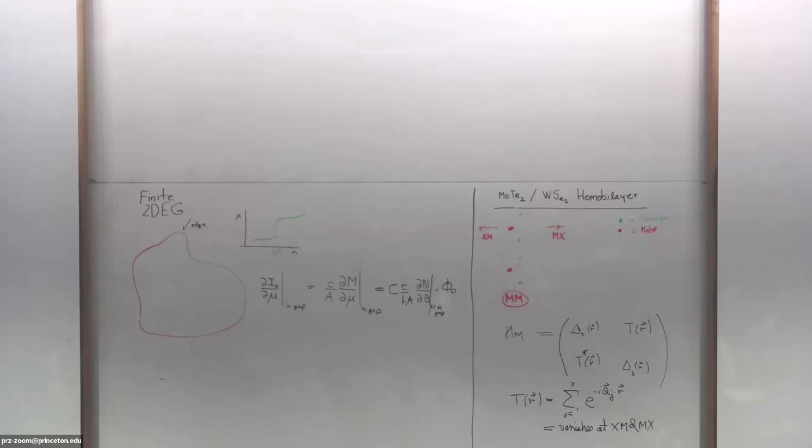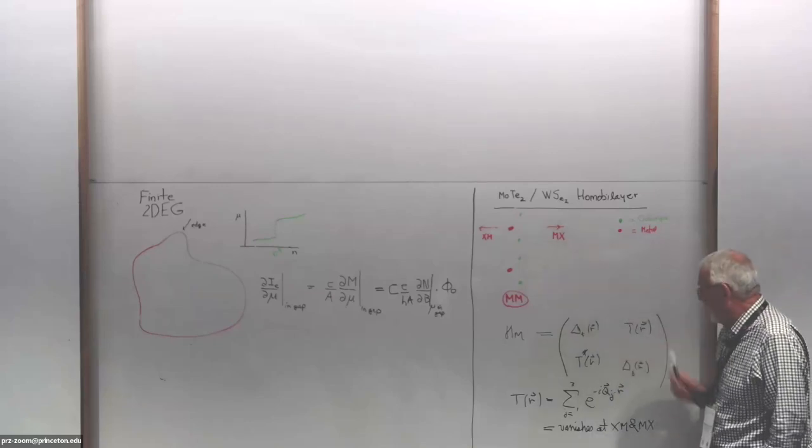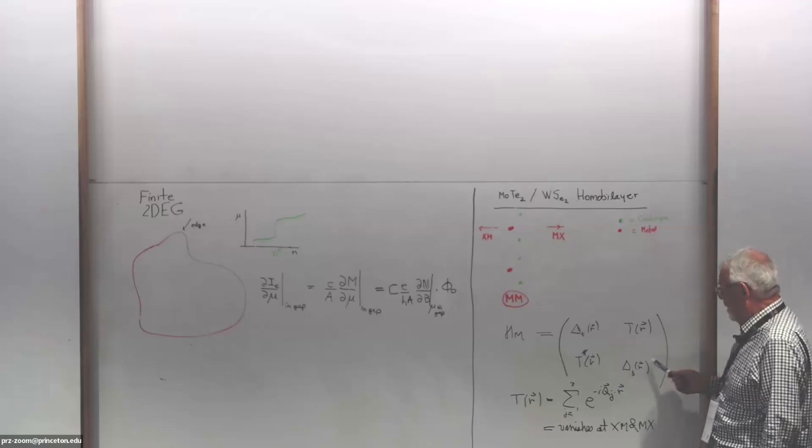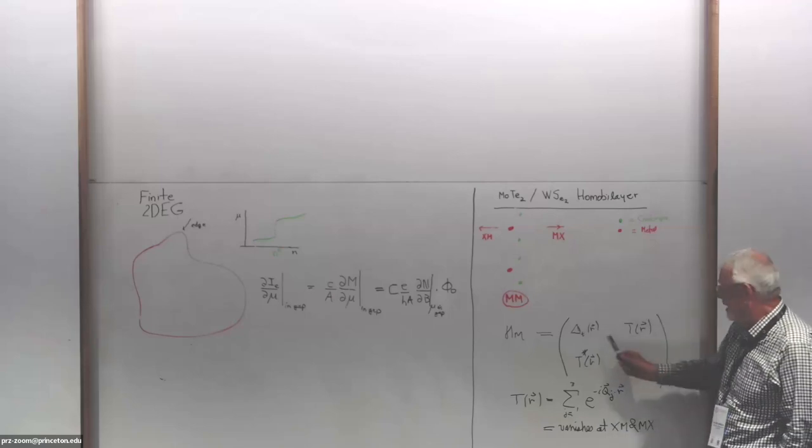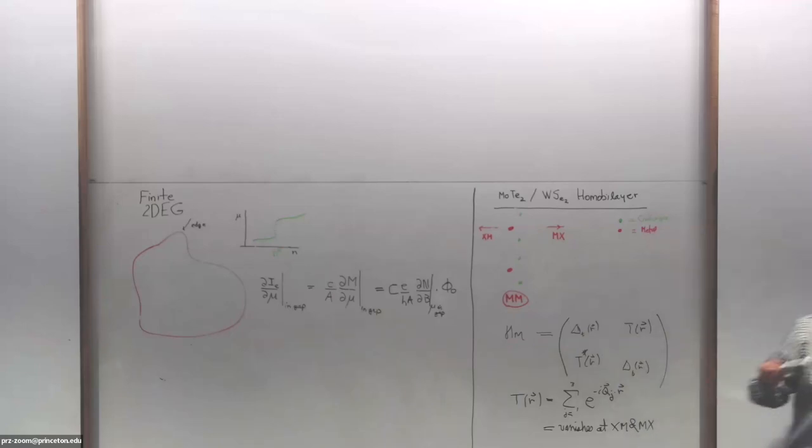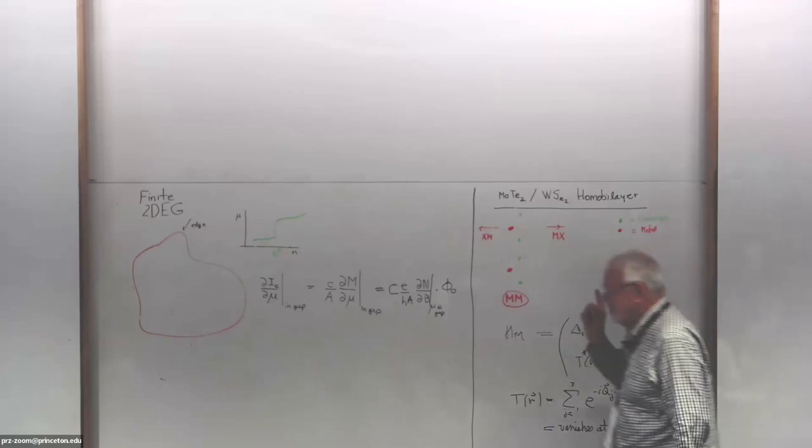At these positions, the two metal atoms have the most different environment. So at MX and XM there's no tunneling between layers, and presumably, unless something accidental happens, there's a big difference between the metal orbital energies at those stackings.